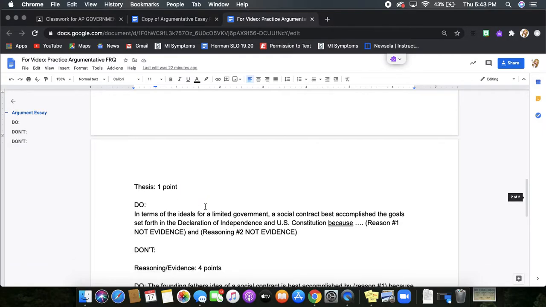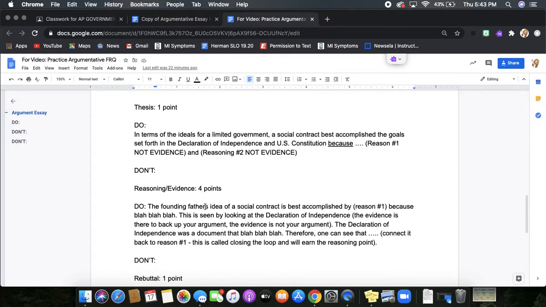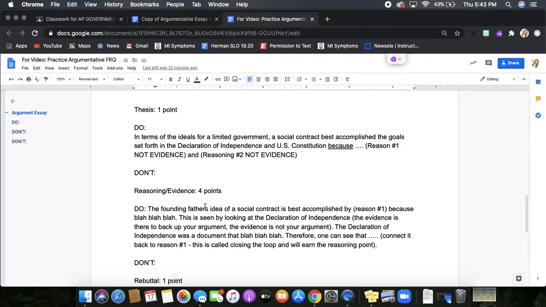So I wanted to go over some do's and don'ts, especially when looking at this specific prompt. Okay, so as far as your thesis, let's look there first. Remember, this is 1 point. Do. Okay, so this is a sample thesis here.